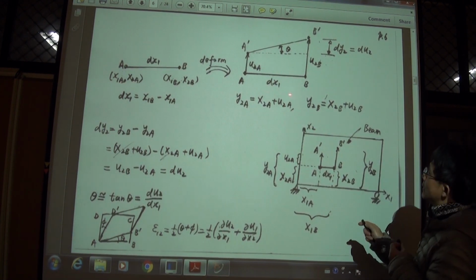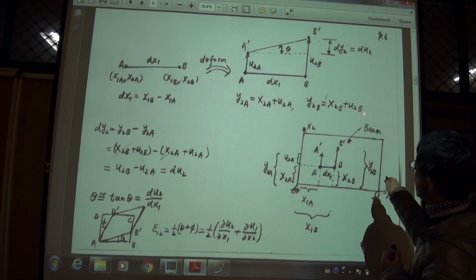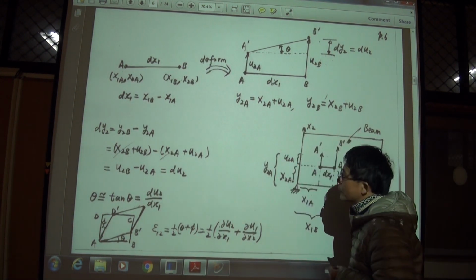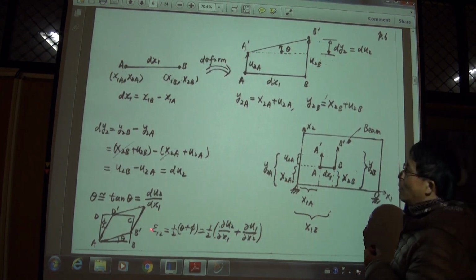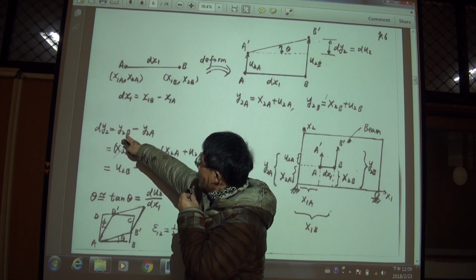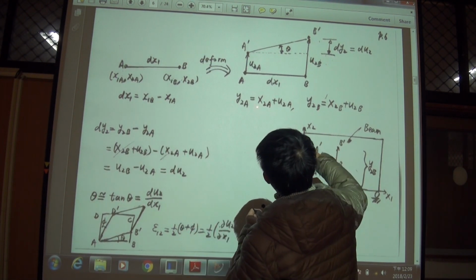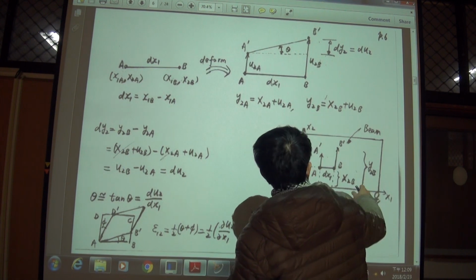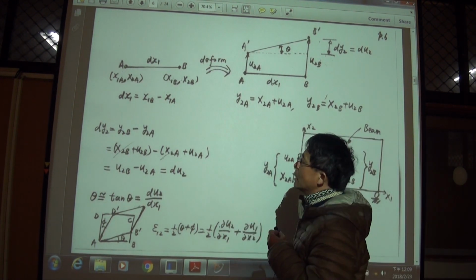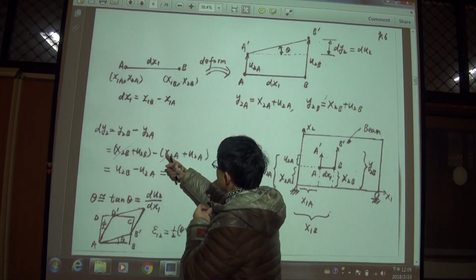Let us look at the relation here. Now we do a little bit of calculation. dy2 equals y2b minus y2a. And then we put this into this.